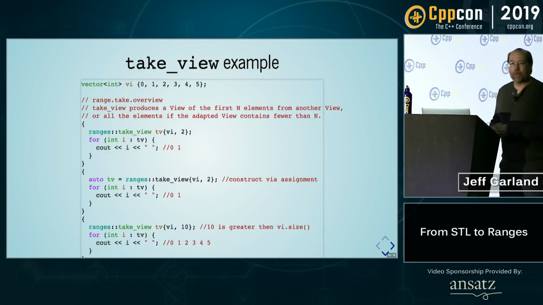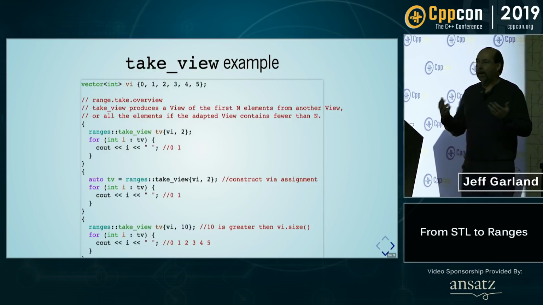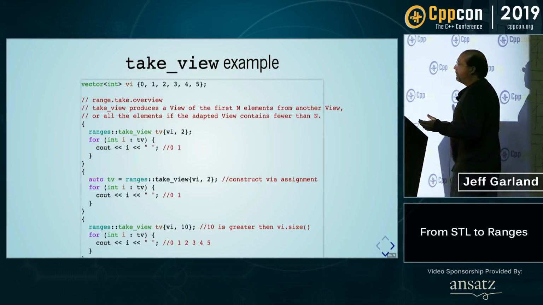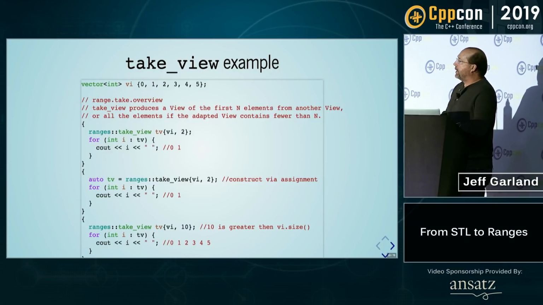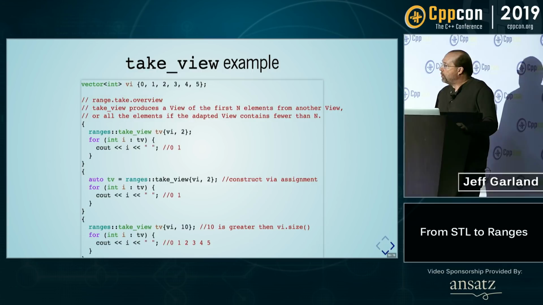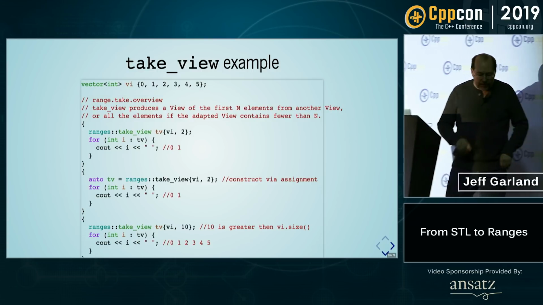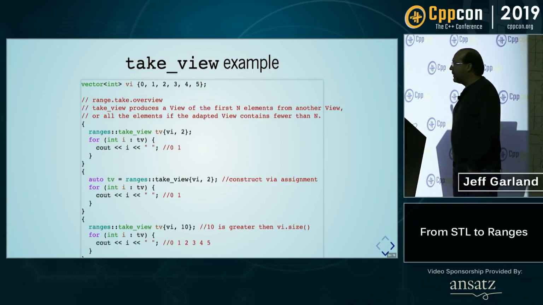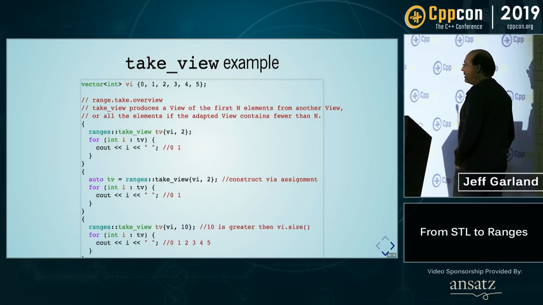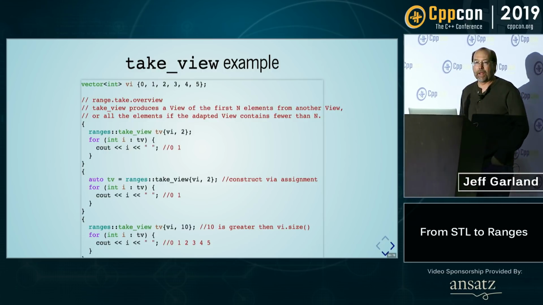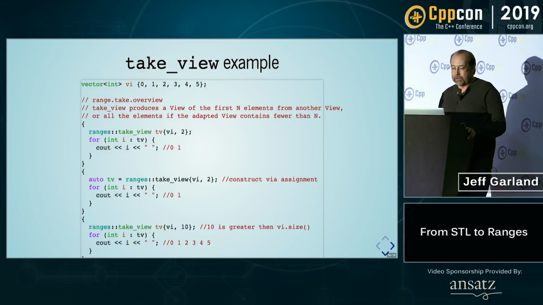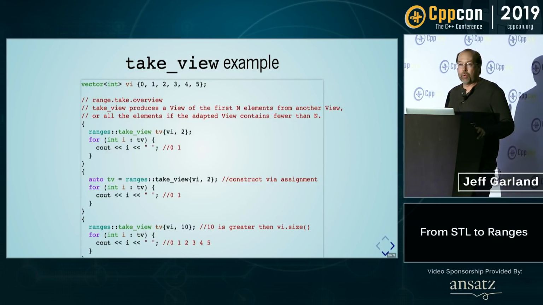That's another thing, because remember, assignment and copy are all cheap. And then we can also say ranges take view. Interesting, right? What happens if I specify something that's larger than the size of the range? It turns out it actually does the right thing. It will only iterate over the elements up to the point of the size.